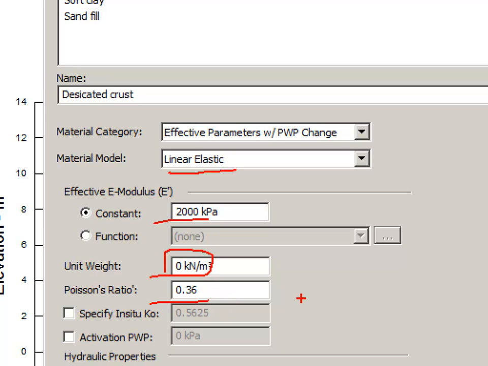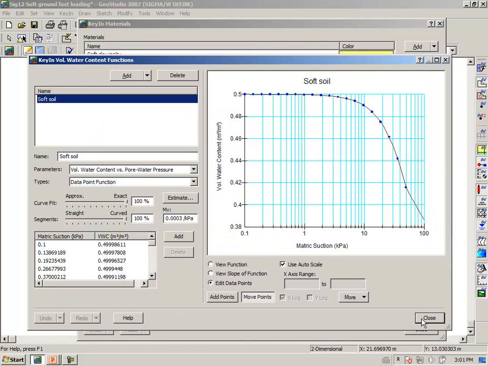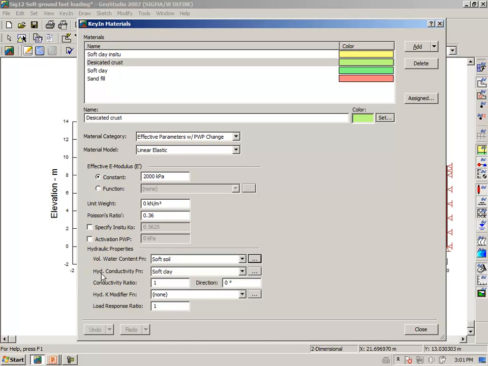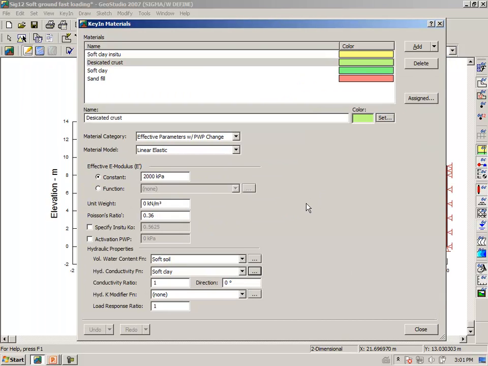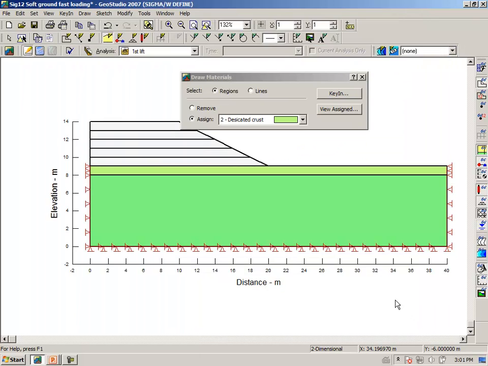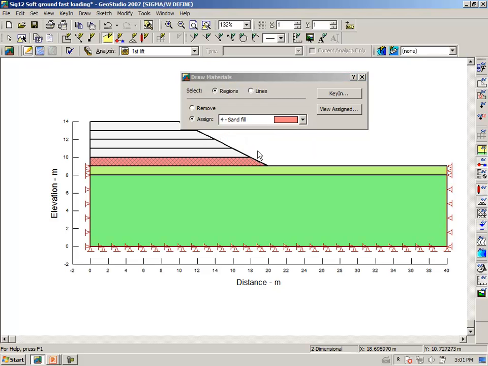And once again, we have used the same Poisson's ratio as for the subsurface softer clay. It's not all that important here, but we have used the identical volumetric water content function and the identical hydraulic conductivity function that we used for the soft clay. So we have now created our soft clay at depth and the desiccated crust, and we now want to place the sand fill in the first layer.